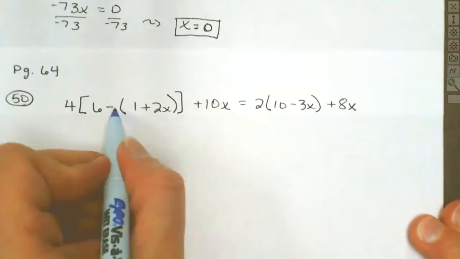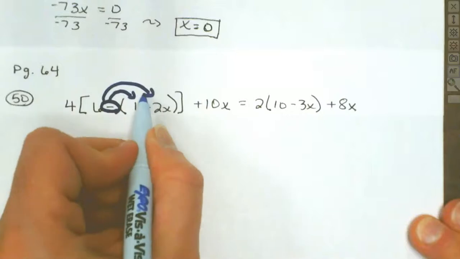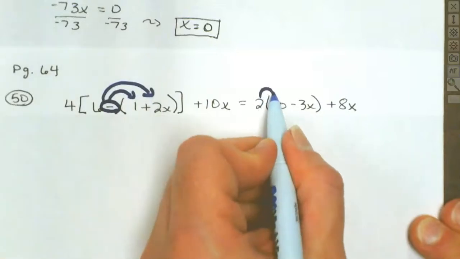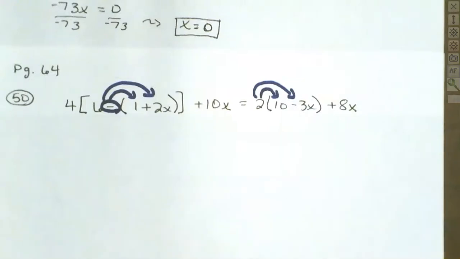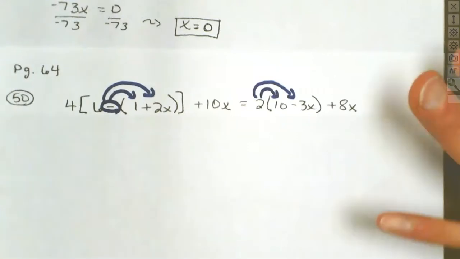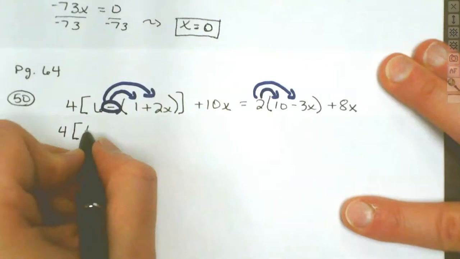So I'm going to begin by distributing this negative through here, and also this 2 through on the right. When I distribute a negative through, what does that do? All that negative is going to do is switch our signs. Okay, so I'm going to rewrite this again as 4, square bracket stays there, 6.